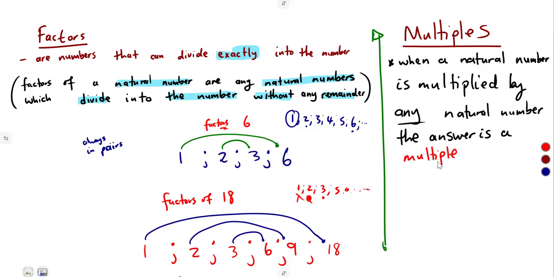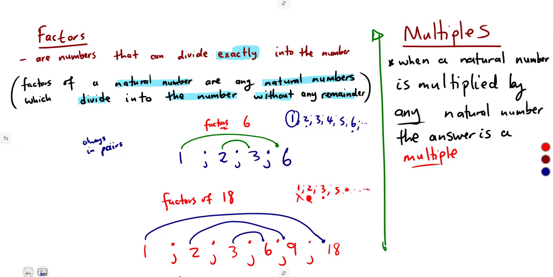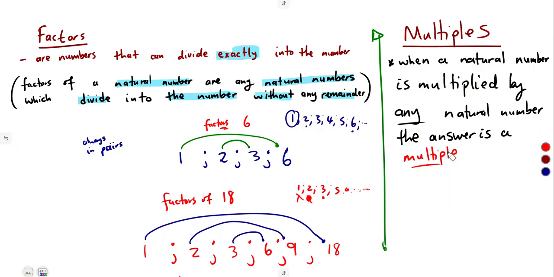All right. The answer is a multiple. Take any natural number. For an example, 2. Meaning to say multiples of 2. Multiples of what? Of 2 are simply the products. The products of what? 2.